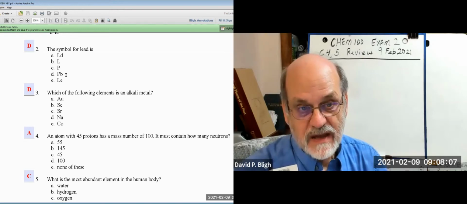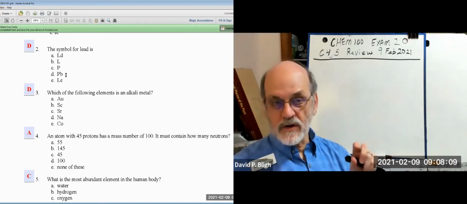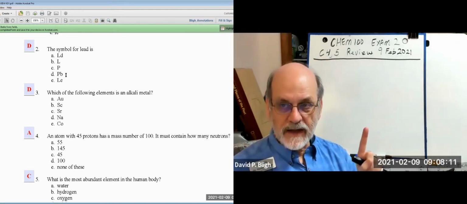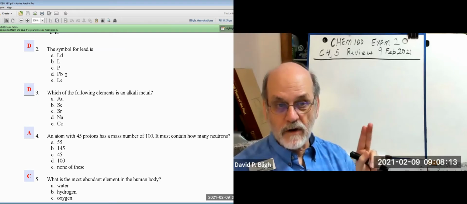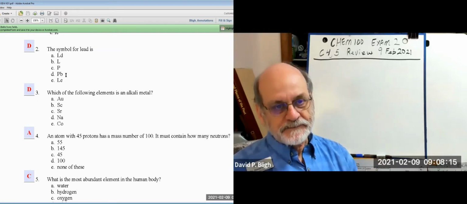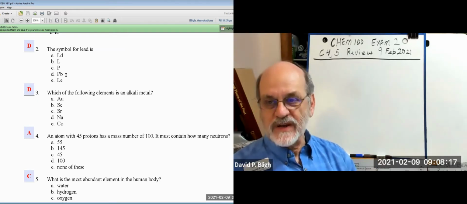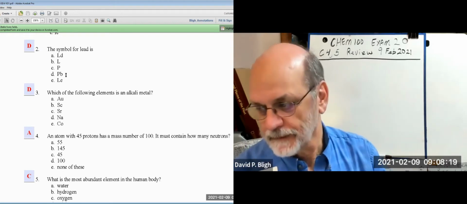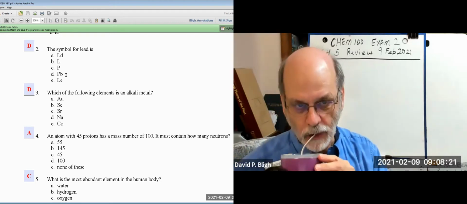Lead is PB. Remember, you always have to have a capital letter followed by a small letter if there are 2 letters. And PB stands for plumbum, Latin for heavy.